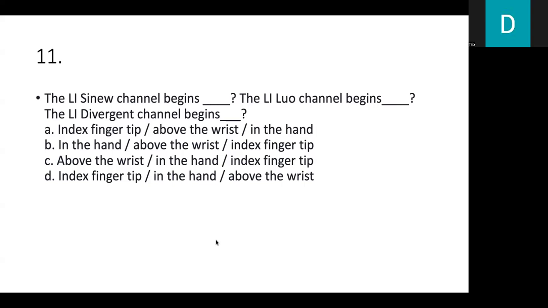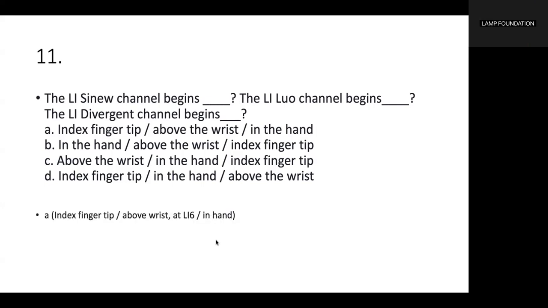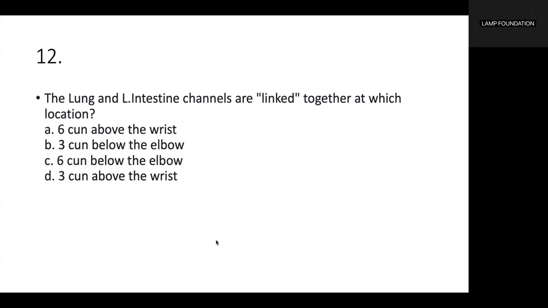The LI sinew channel begins at the index fingertip, the LI primary channel begins above the wrist, and the LI divergent channel begins in the hand. Okay, amazing.